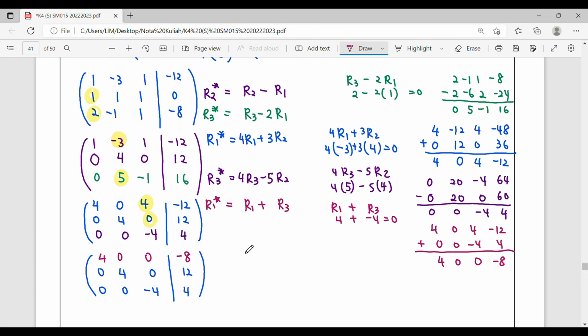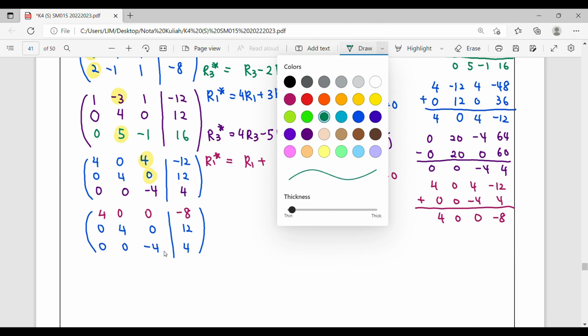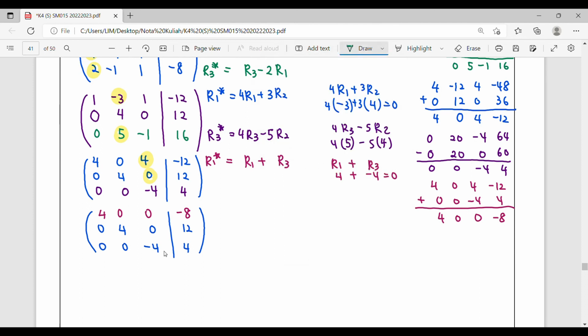So to get the identity pattern, we have already obtained the entries of 0. Now we're going to work on the diagonal so that we can get identity with the values 1, 1, and 1. Lastly, we're going to divide by 4 to obtain 1. For row 1, we divide the entire row by 4. For row 2, also divide the entire row by 4.